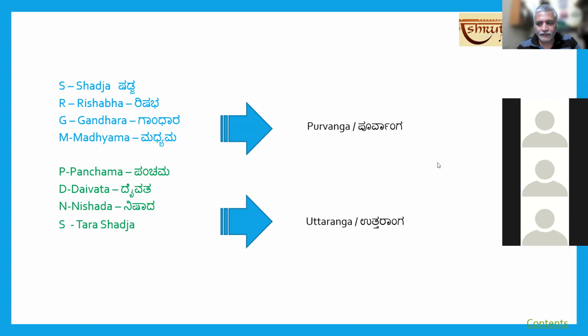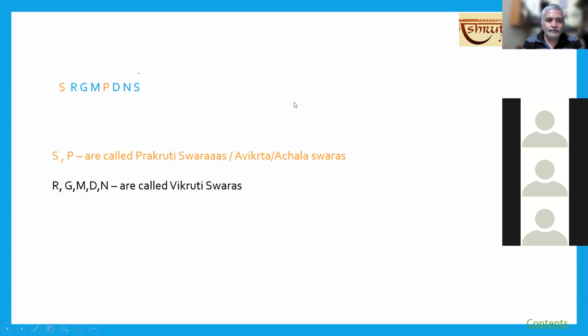Okay, we'll continue. We saw Purvanga, which is Sarigama, and Uttaranga, which is Padanisa. Of this Sarigama Padani, Sa and Pa are called Prakriti Swaras. Prakriti Swaras means natural Swaras.